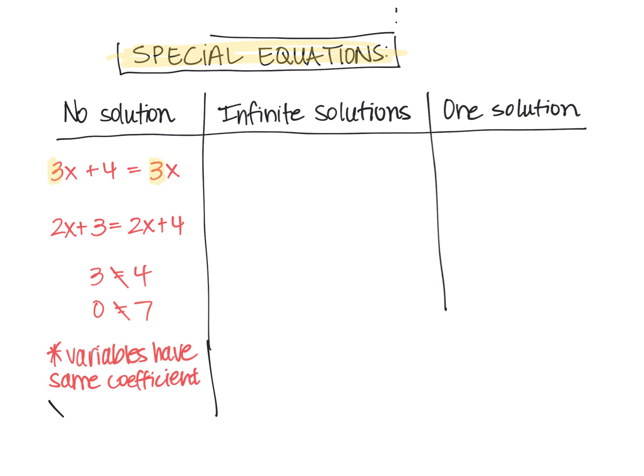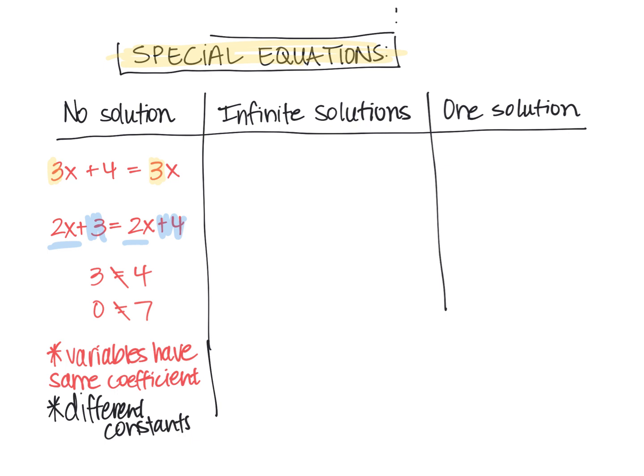But then there are different constants. And that would be like the normal number part. So they have different constants, like for example, here, they both had the 2x. This one had a plus 3, this one had a plus 4. Okay, so this part was the same, but the 3 and the 4 were different. Okay, if you end up with anything like that, it means there's no solution.